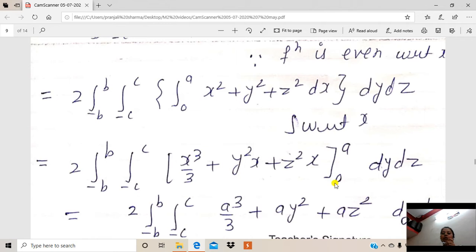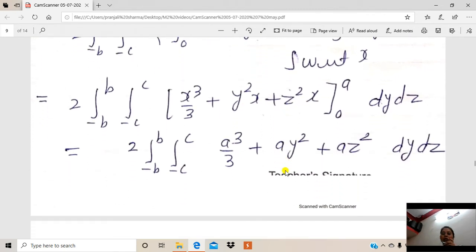We put the limit from 0 to a, and apply upper limit minus lower limit. The integration will then be 2 times the integration between minus b to plus b, minus c to plus c, of a cube by 3 plus a y square plus a z square, dy dz.